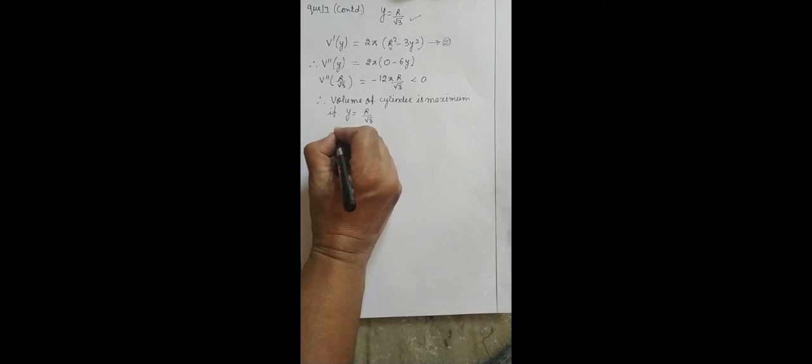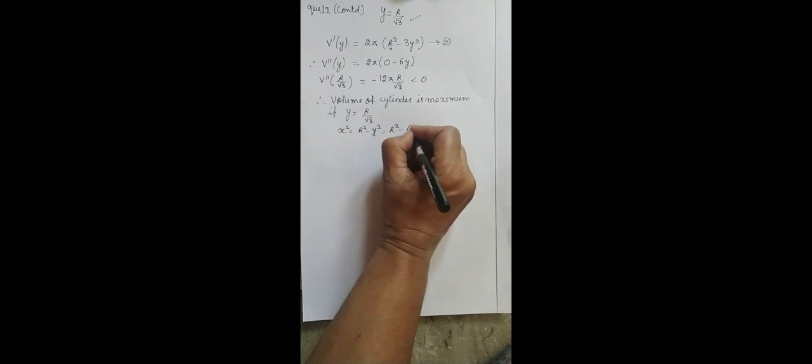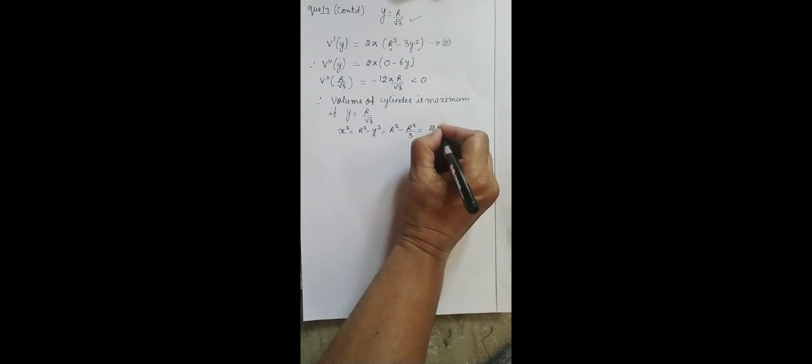Let me find the value of x also. So x square was R square minus y square, which gives me R square minus, putting the value of y, R square upon 3, which gives me 2R square upon 3.